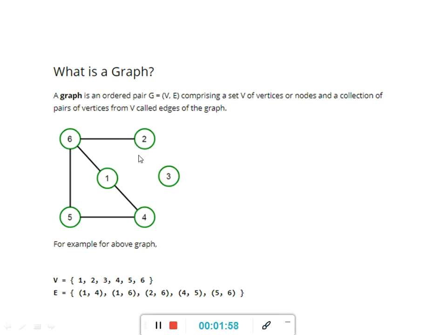So here in the given graph, we have represented V as the set of vertices: 1, 2, 3, 4, 5, 6. And coming to edges, we represent it as E. E equals the set containing an edge between 1 to 4, 1 to 6, 2 to 6, 4 to 5 and 5 to 6. So we have represented the edges here.